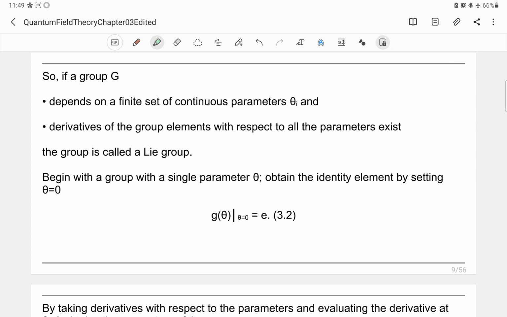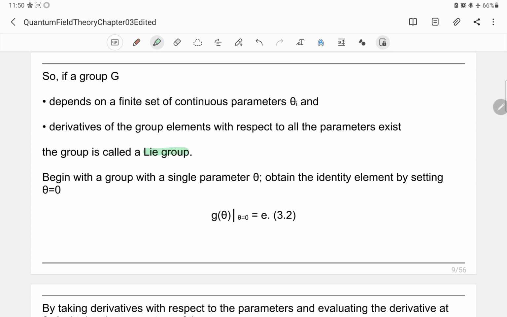So if a group G depends on a finite set of continuous parameters theta i, and derivatives of the group elements with respect to all the parameters exist, the group is called a Lie group.